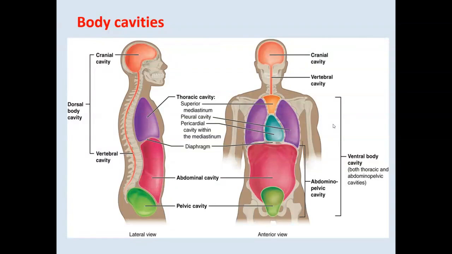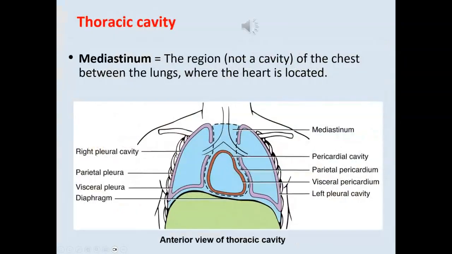The heart is surrounded by a double membrane, so two layers of membrane called pericardium. So that's shown here. Pericardium. So there's two of them.